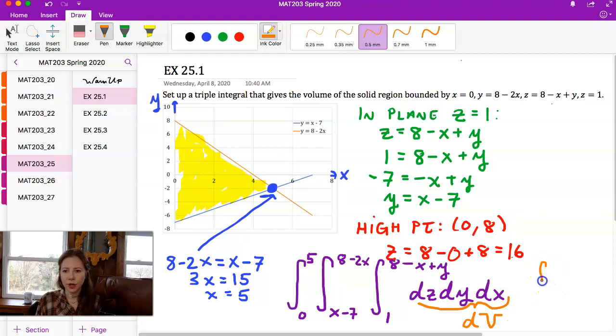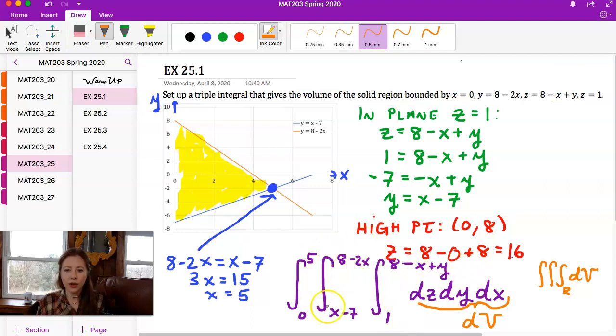Right, so we have a triple integral over some region dv. Okay, and so what we're looking at here in this inner integral, this 1 to 8 minus x plus y dz, it's a point that moves from z equals 1 to z equals 8 minus x plus y.